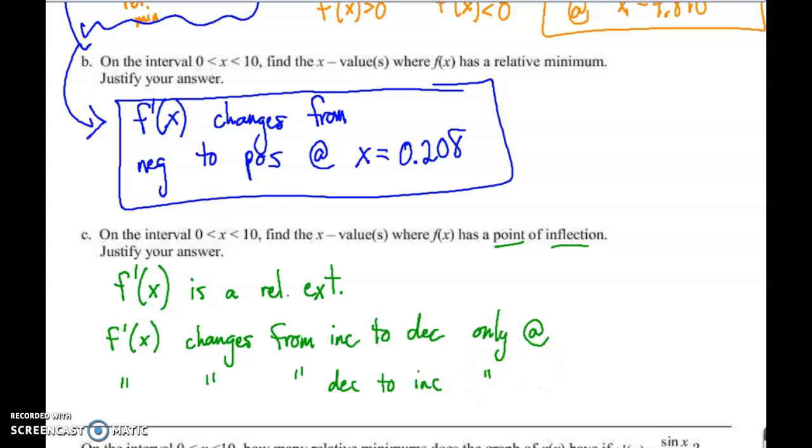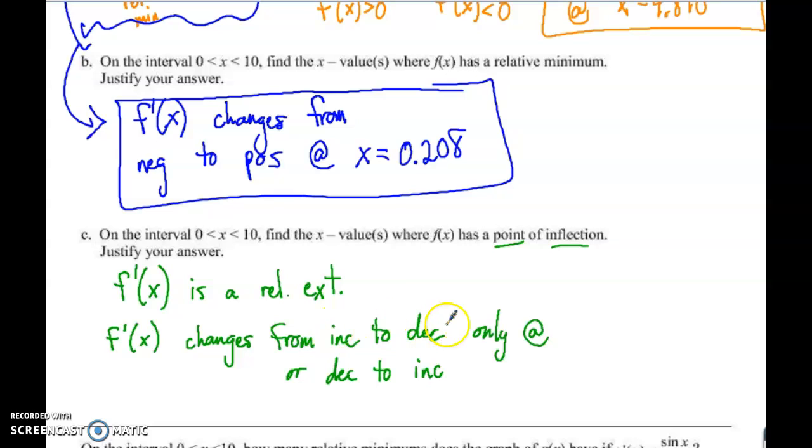Well, I don't need to say only this time. I've actually had students in the past, and this is totally fine, instead of identifying which one it is, they write f prime of x changes from increasing to decreasing or decreasing to increasing, and then they give the answer. But either one of these is fine, relative extrema.